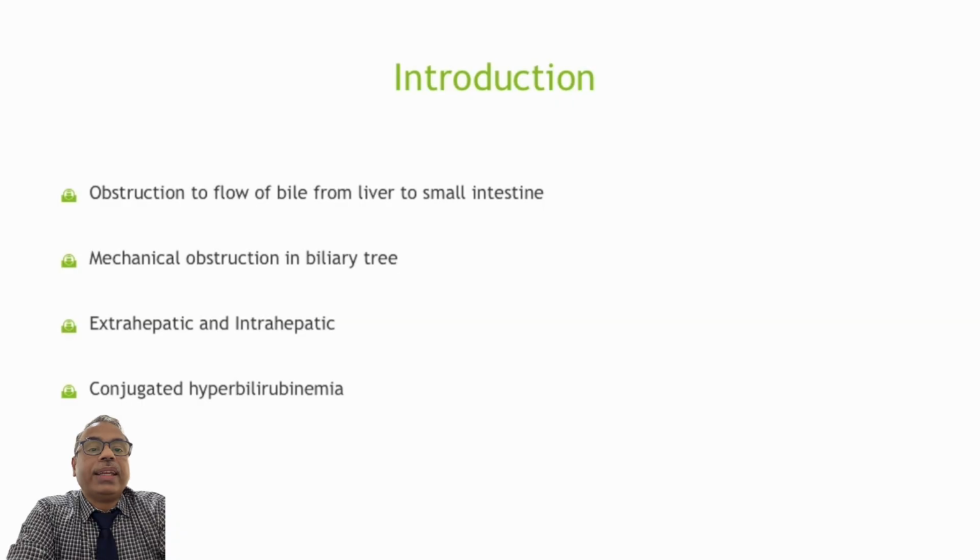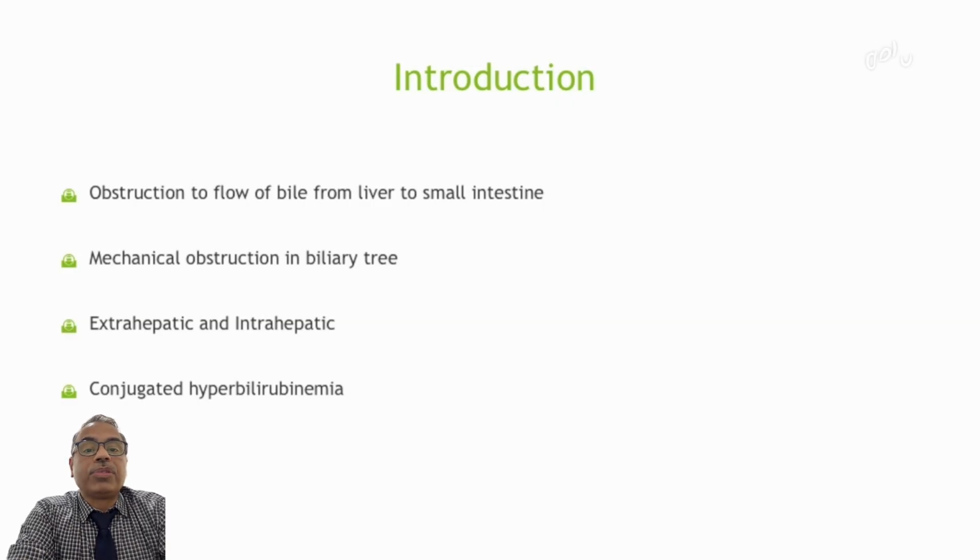Now, what exactly is obstructive jaundice, which we also call surgical obstructive jaundice, or SOJ in brief? As the name suggests, it is an obstruction to the flow of bile from the liver to the small intestine. This obstruction to the flow occurs when there is a mechanical obstruction to the extrahepatic biliary tree.